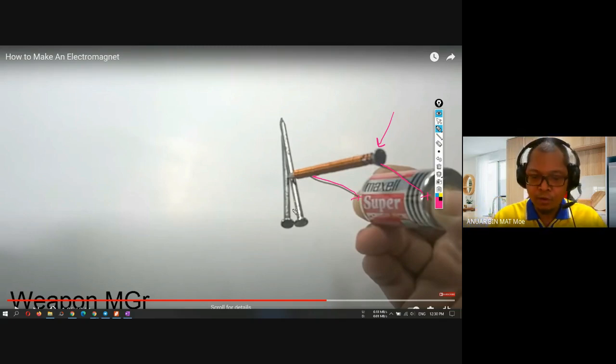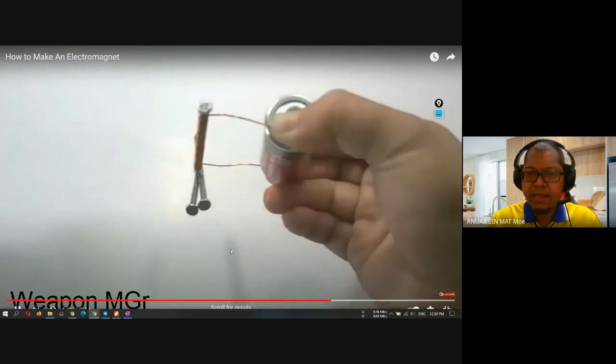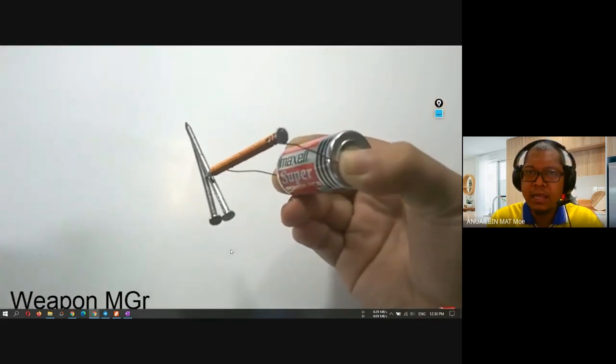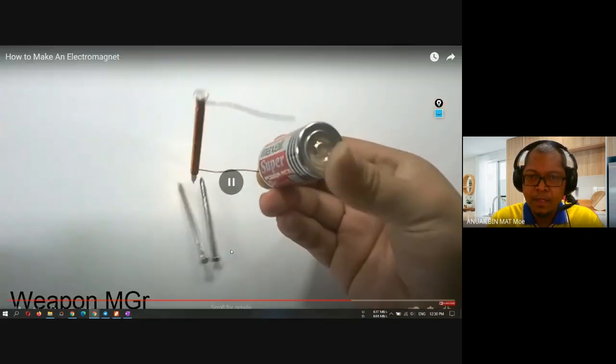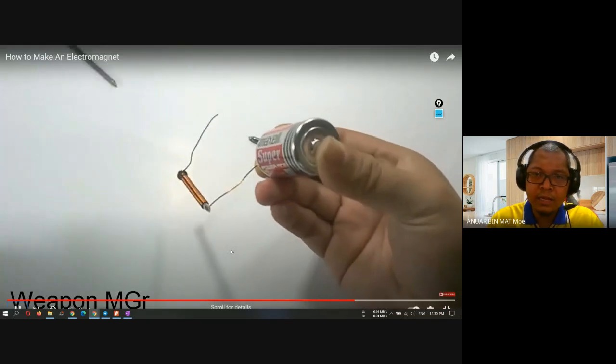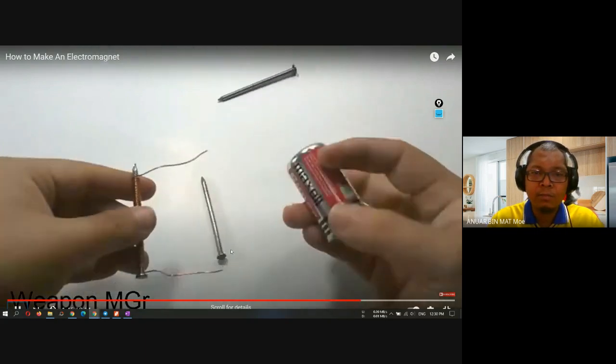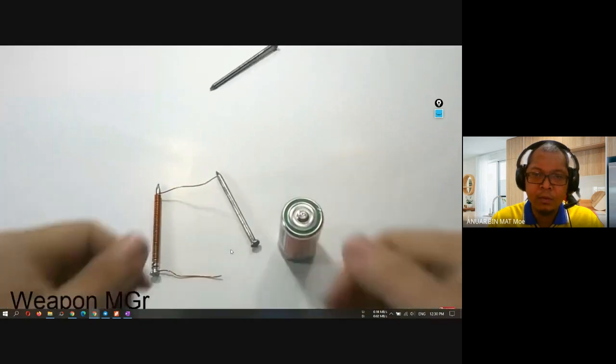So this is what we call an electromagnet, meaning that we magnetize the object by using electricity. If you cut the electric supply, what happens to the nail? It will not be magnetic anymore. It will not attract.